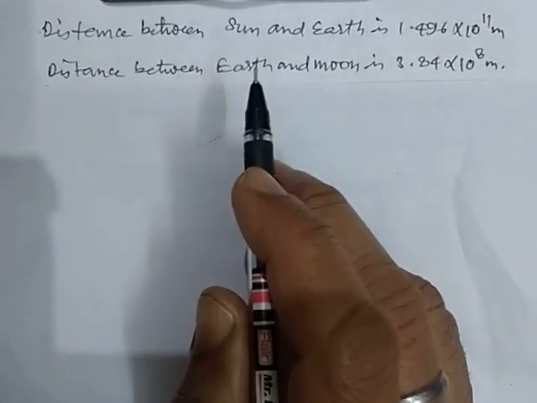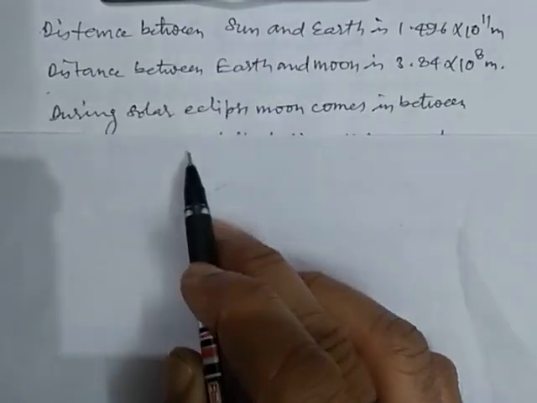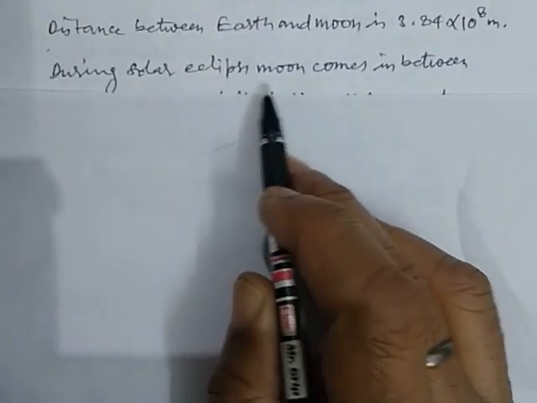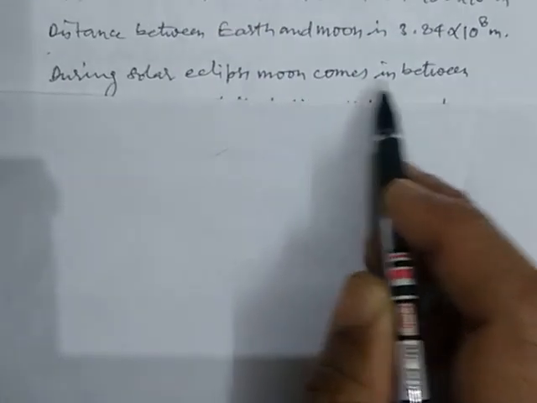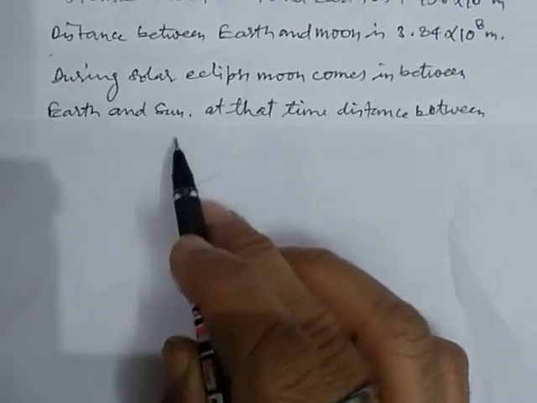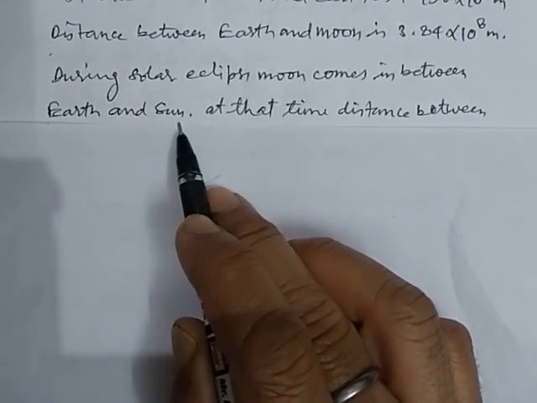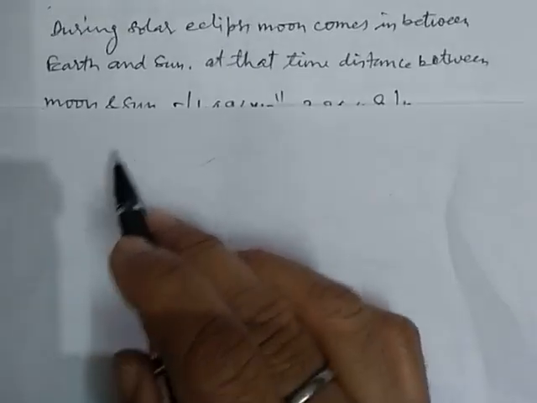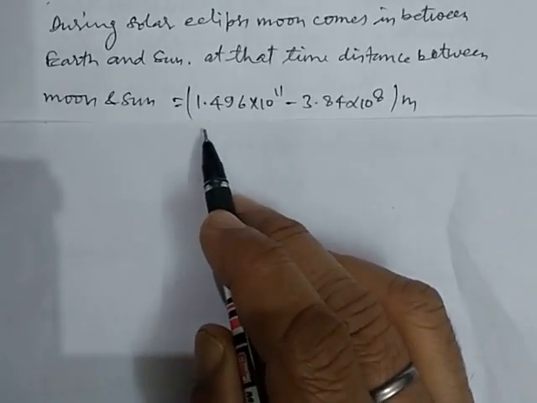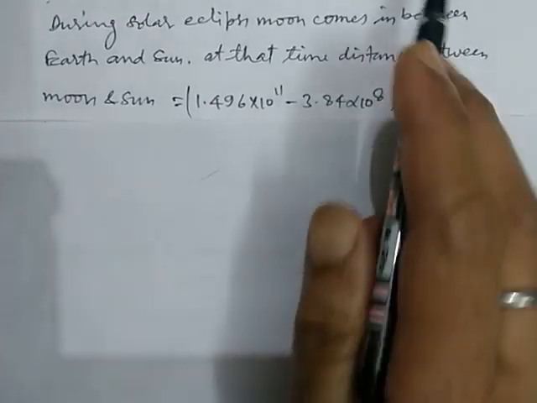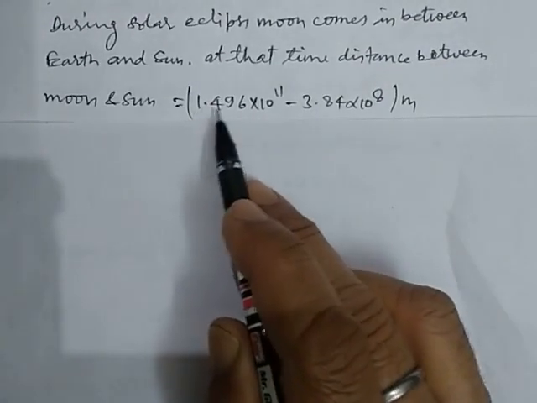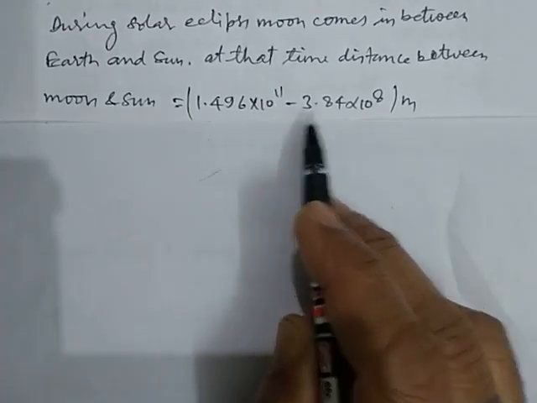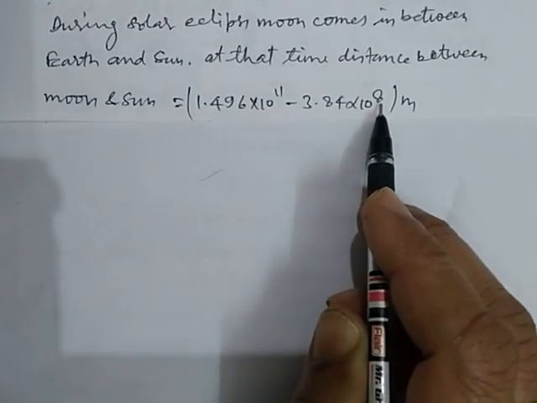During a solar eclipse, the moon comes in between earth and sun. At that time, the distance between moon and sun is the difference of these: 1.496 into 10 raised to the power 11 minus 3.84 into 10 to the power 8 meter.